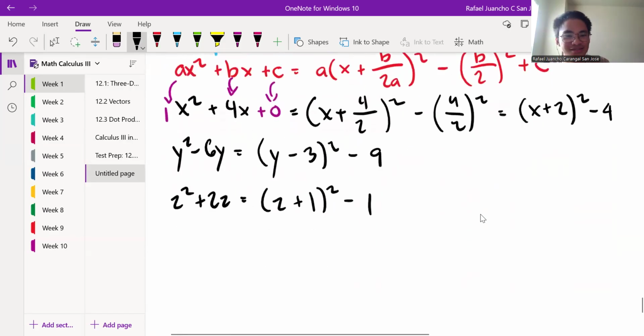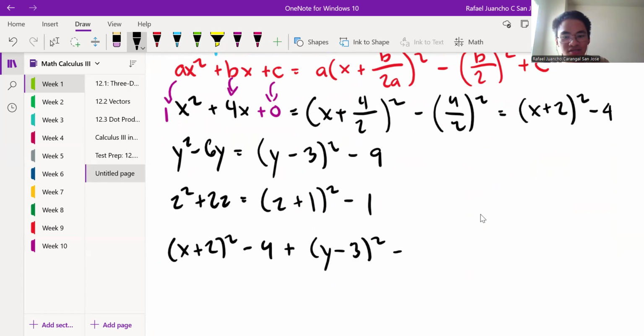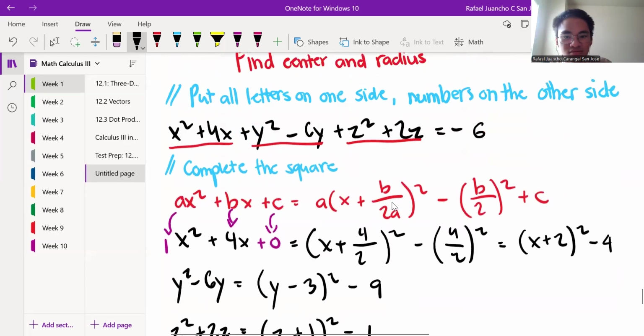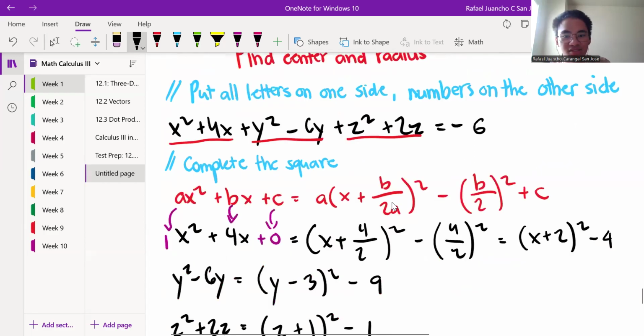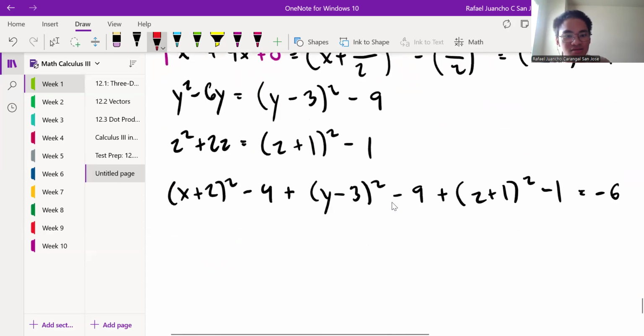So it's going to be x plus 2 squared minus 4 plus y minus 3 squared minus 9 plus z plus 1 squared minus 1, and that's going to be -6. Yeah, so it's this thing, this thing, this thing.